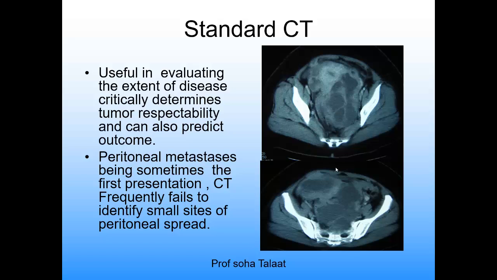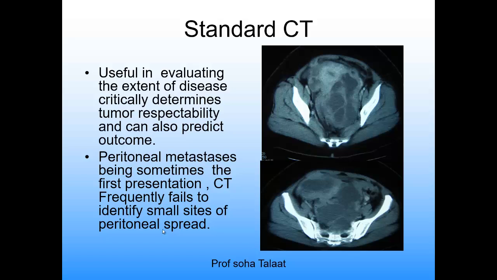And again, by CT we detect that there is an omental mass attached to the anterior abdominal wall with extra-ovarian spread. So there is omental disease present. From CT, we can detect an overt malignant process like this.